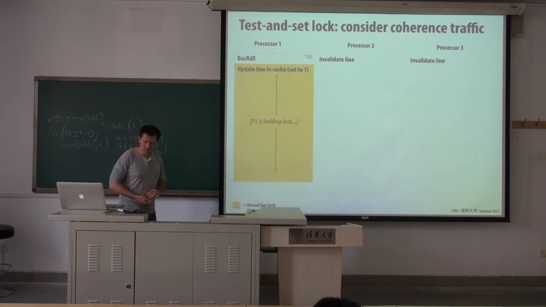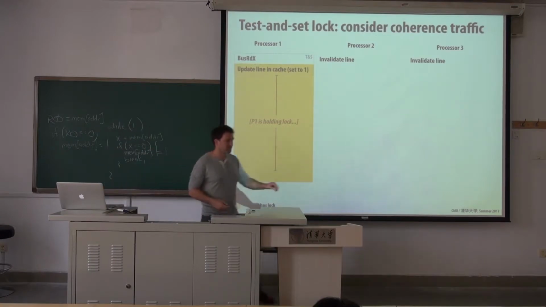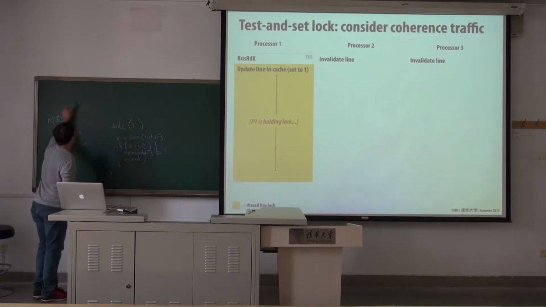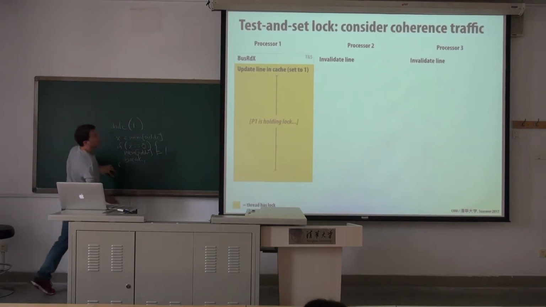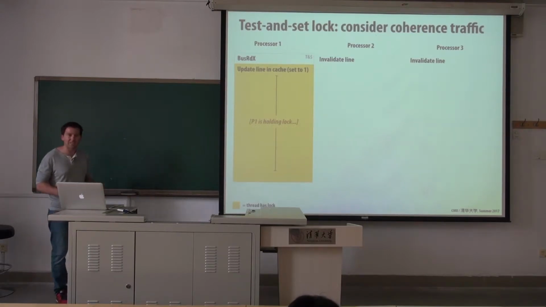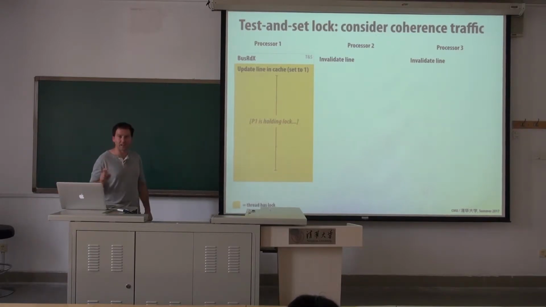If I had to draw on the board what instruction processor 2 does next, what happens next? Processor 2 is trying to get the lock. Processor 2 does not have that address in its cache. So what is the first thing that it will do? How does it bring that address into its cache?